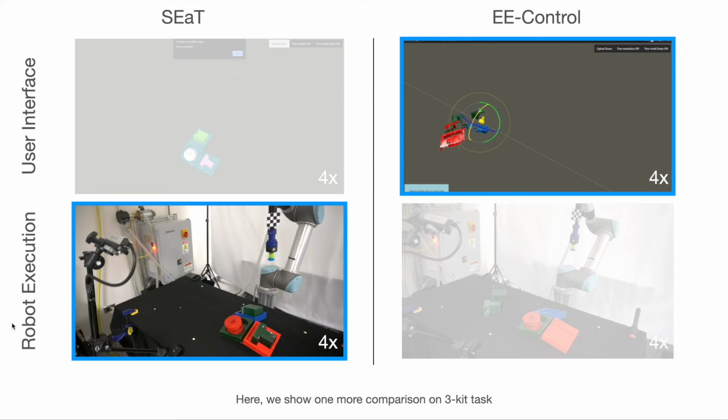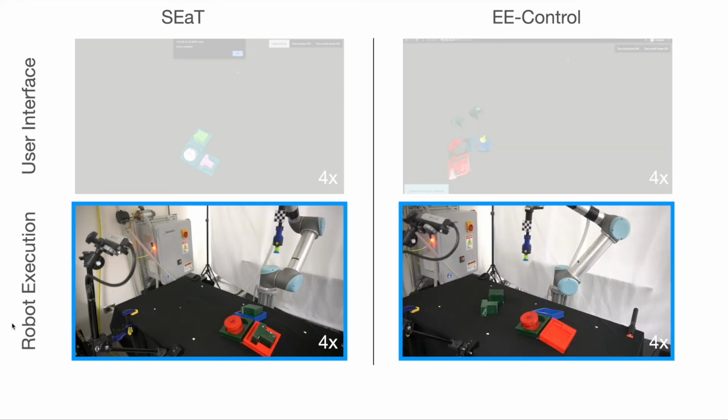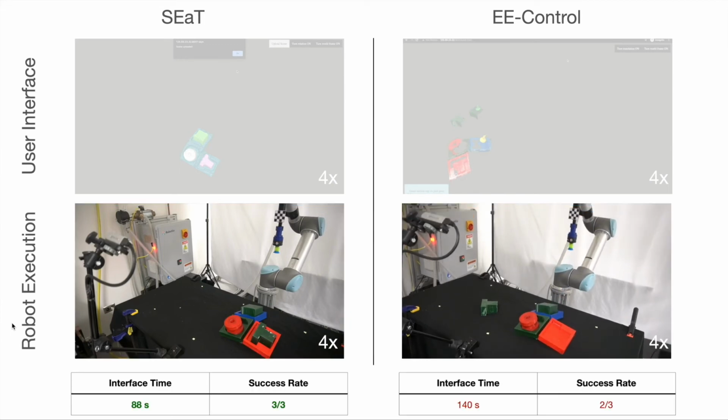Now SEAT successfully kits all 3 objects. We can see that the object slides in for EE control even though the place pose is initially incorrect.